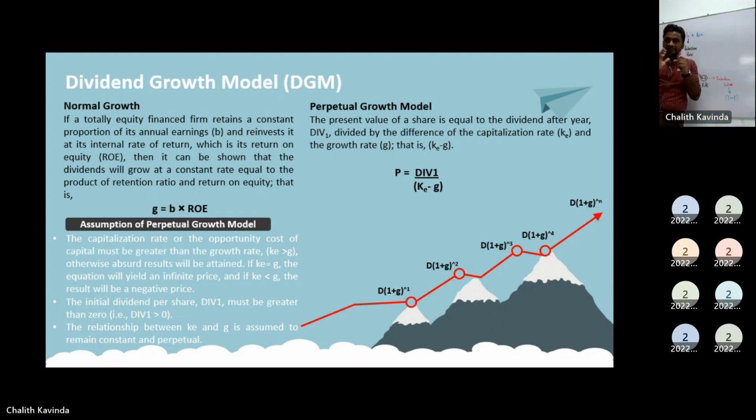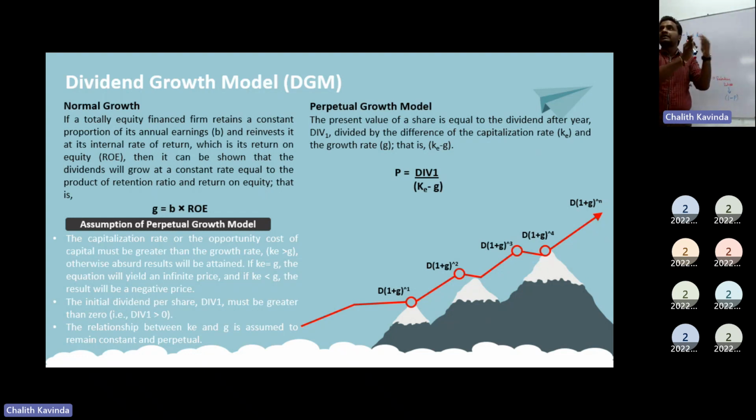Simply, if the scenario is like this, you have been given a dividend for a 6-year period, and they're asking you to calculate the value. Let's say you have been given the dividend for year 0, and you are going to keep the share for 6 years, and the growth rate is also given.